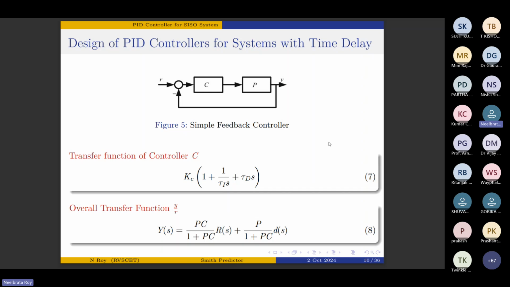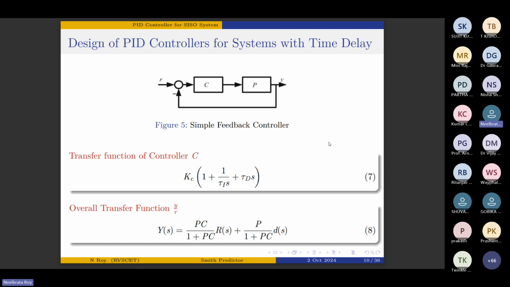As you can see, figure number 5 is a very simple feedback control system having a controller C and a plant P. If we want to find the overall transfer function with the input disturbance of the plant D, the transfer function is given by equation number 8.